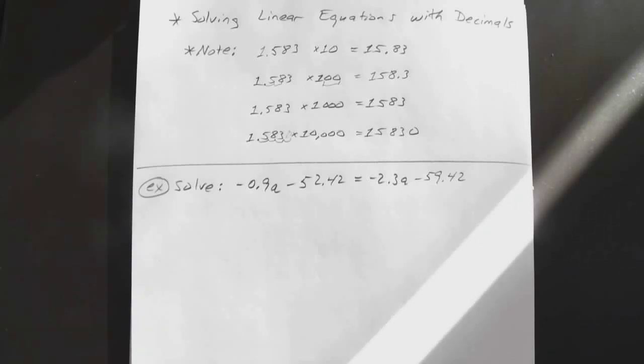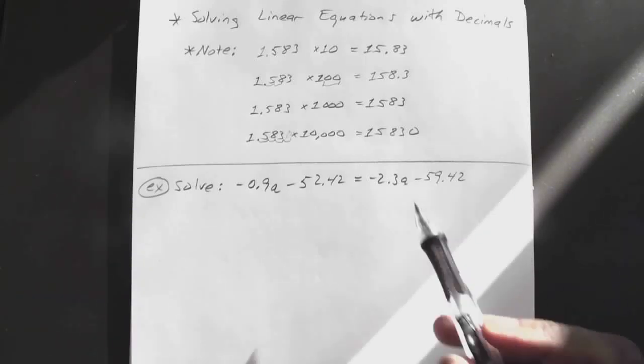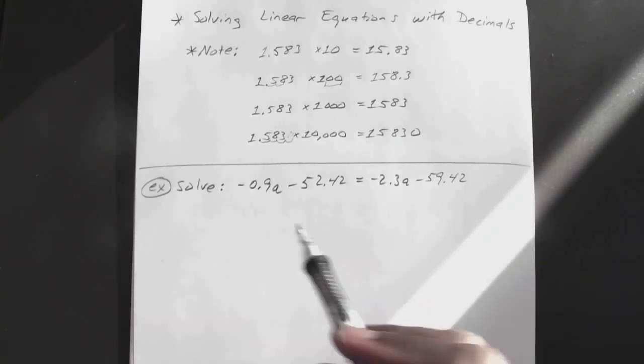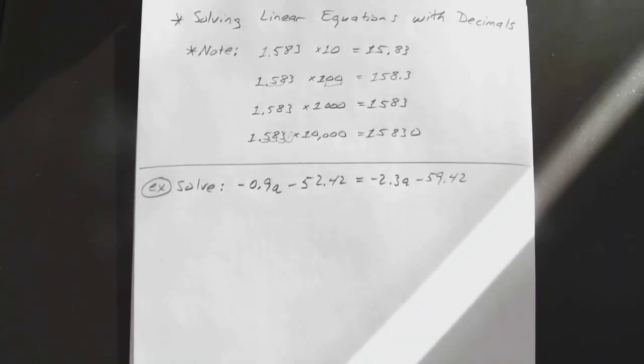Okay. Now, without the shortcut, you just have to add 2.3 or add 0.9 to both sides. Then you'll be dividing decimals and all of that, and it's kind of lengthy.